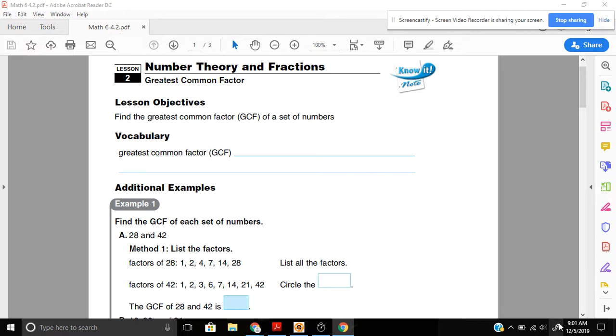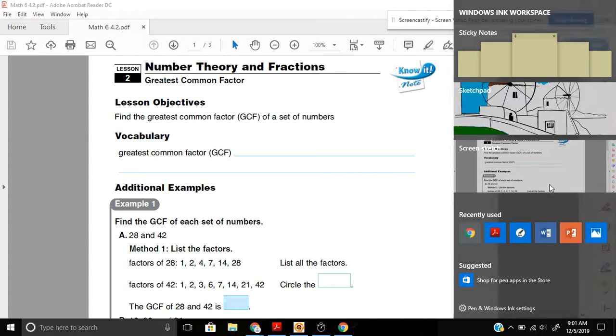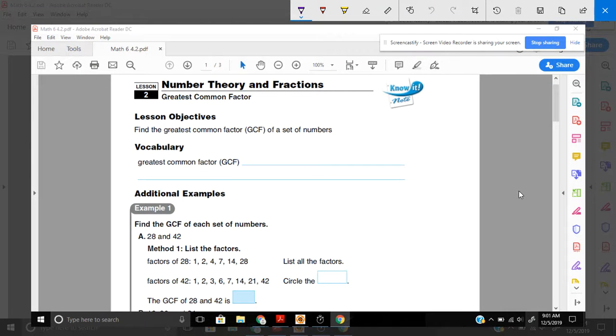We'll start today by defining the greatest common factor, and that is the largest common factor of two or more numbers. And that's whole numbers.